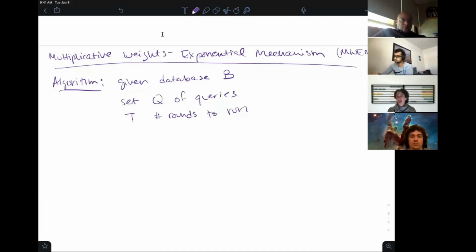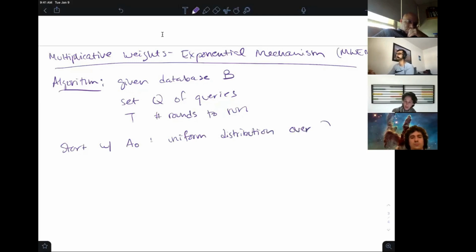You can imagine turning them into databases by rounding or sampling later on. But for now, just let me talk about distributions over the space of possible database entries.